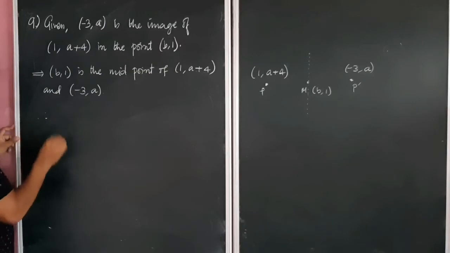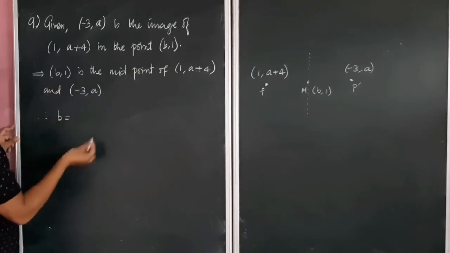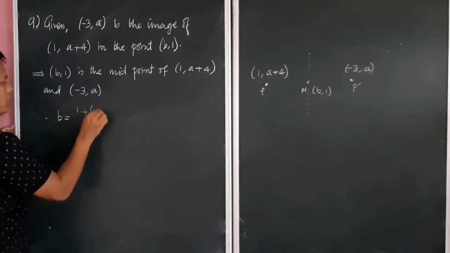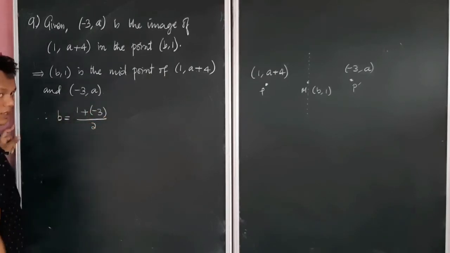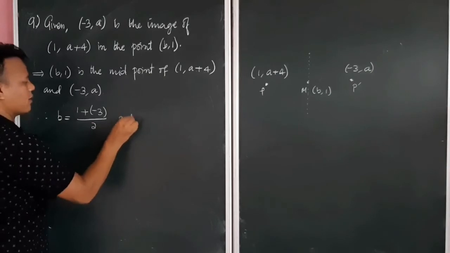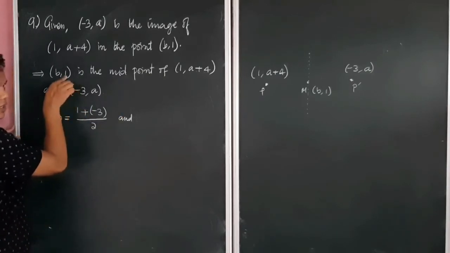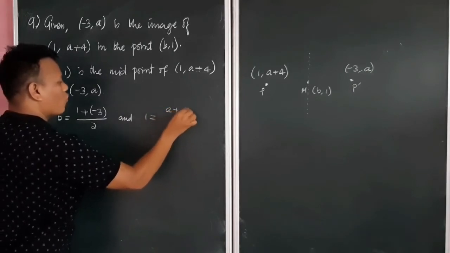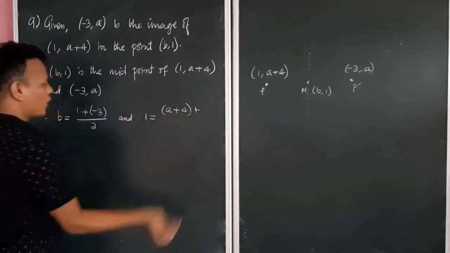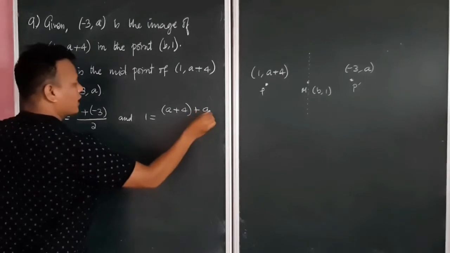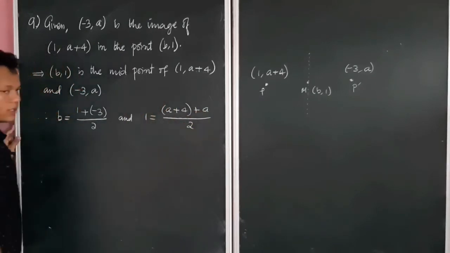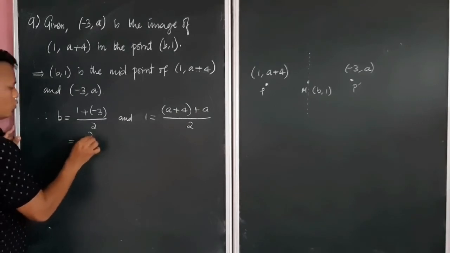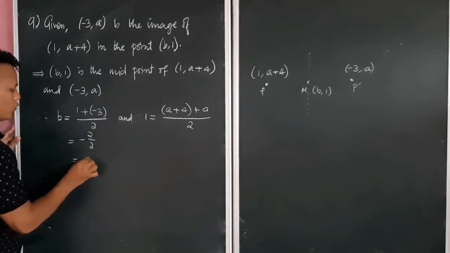So we have abscissa, that is b equals x1, that is 1, plus x2, that is minus 3, by 2, yes? And this ordinate, this 1, will be equal to y1, that is a plus 4, plus y2. y2 is how much again? y2 is a, by 2, isn't it? So quickly calculate. This is minus 2 by 2, so this is minus 1.